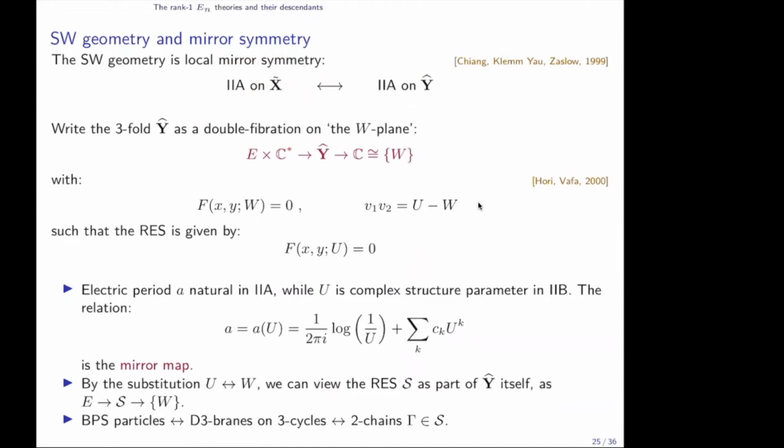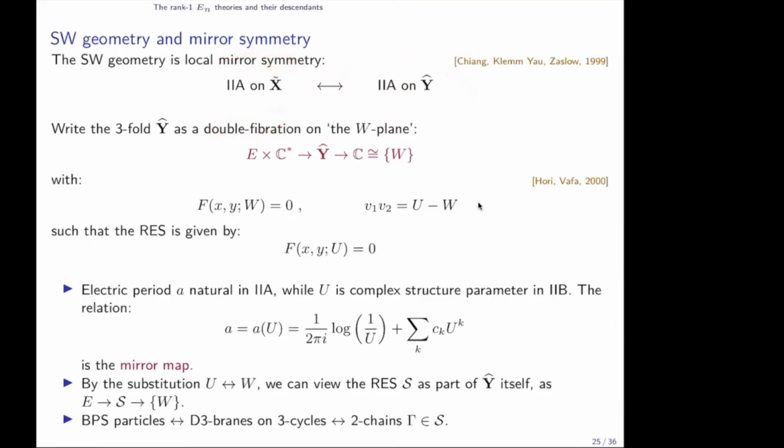You can do a mirror symmetry where you have a threefold with only 3-cycles, if you're lucky. And this, sorry, this should be B, not A. So that's type IIB on the local mirror will encode all the Seiberg-Witten geometry, all the Ruan instantons for us.